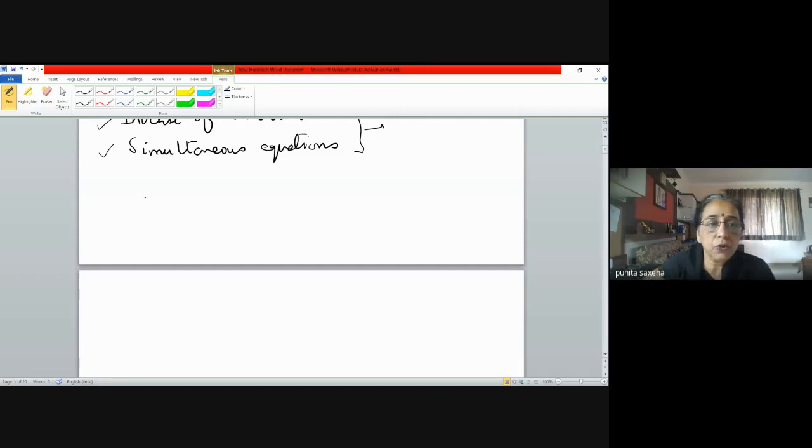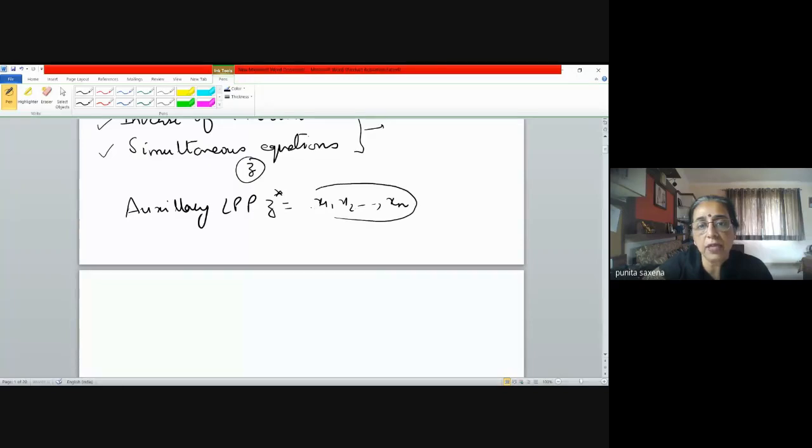What we do in the auxiliary LPP is that from a given Z, that is your original objective function, we construct a Z star where all the decision variables, that means x1, x2, and the slack, surplus, whatever variables you have, will have a coefficient 0.